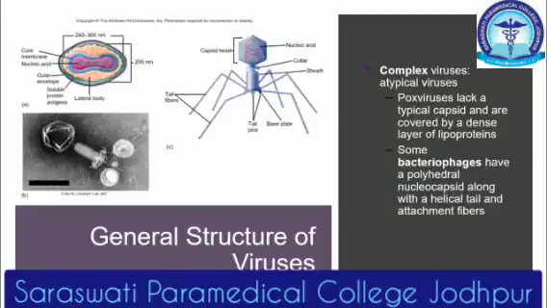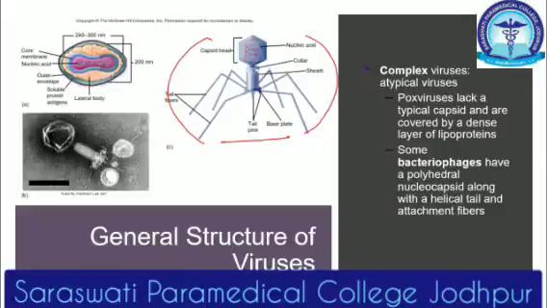Now the complex viruses like bacteriophage or pox viruses. Why do we call them complex viruses? Particularly if you look at bacteriophage, why do we call it complex? Because this virus doesn't have any particular geometrical shape.